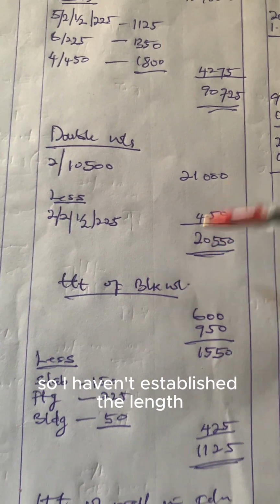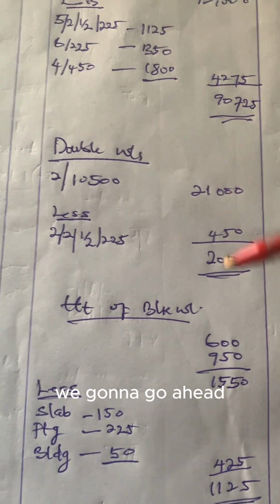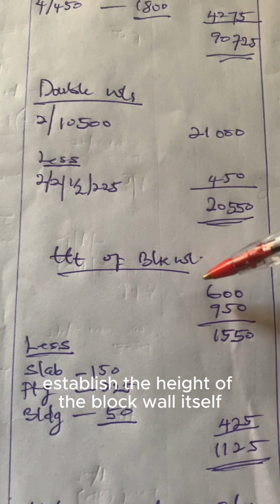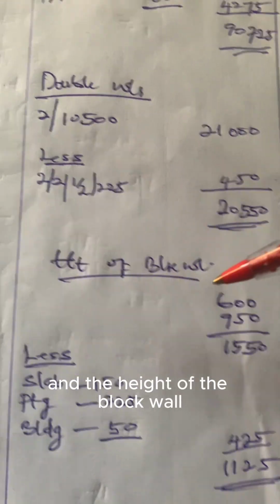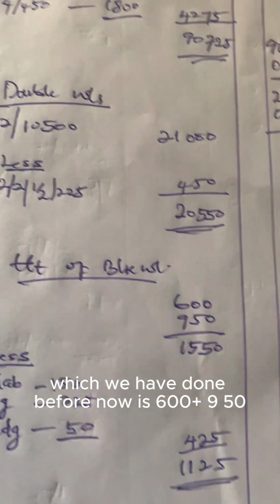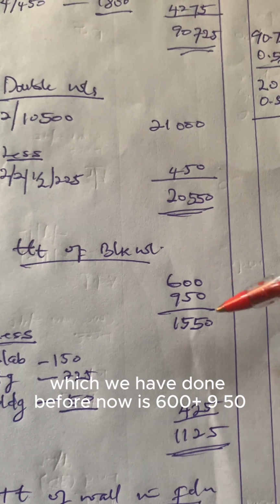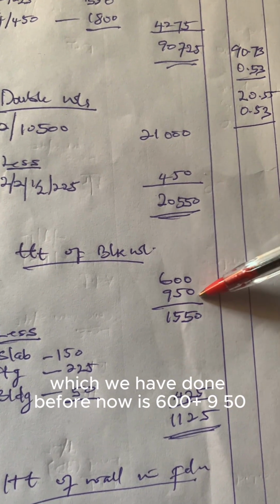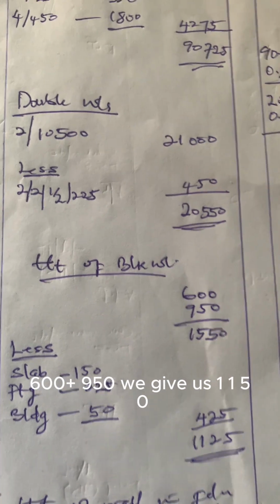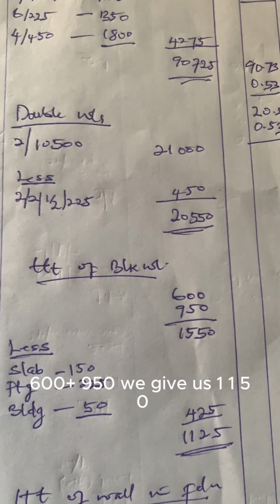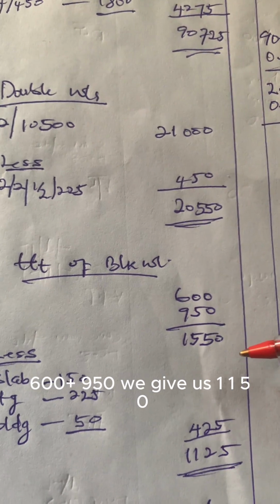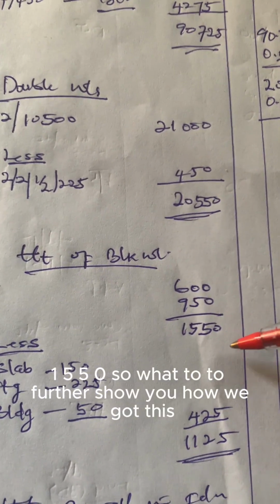So having established the length, we're going to go ahead to establish the height of the block wall itself. And the height of the block wall, which we have done before now, is 600 plus 950. 600 plus 950 will give us 1550.